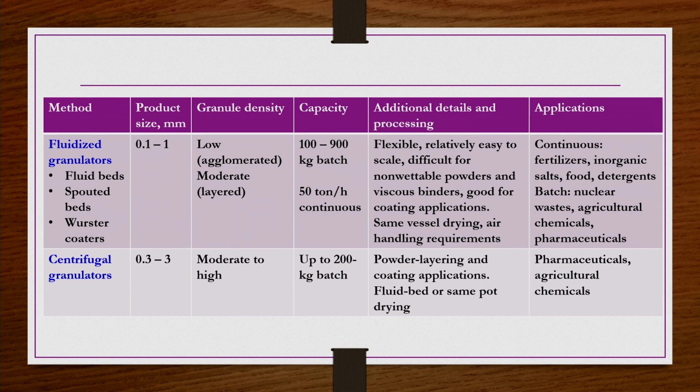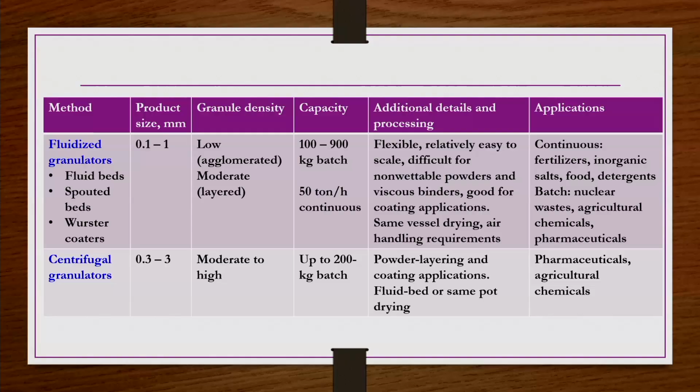And these fluidized granulators are in general good for producing product of size 0.1 to 1 mm, and their granule density is in general low if they are used for granulation or agglomeration, whereas their density may be moderate if they are used for layering or coating kinds of applications.